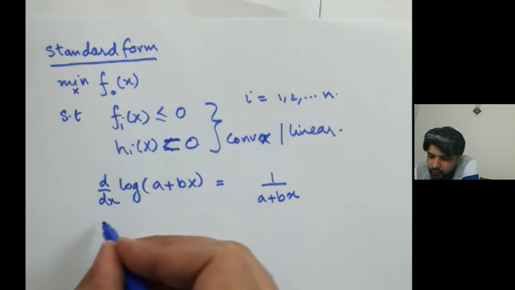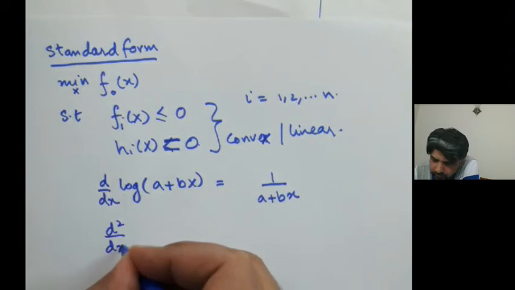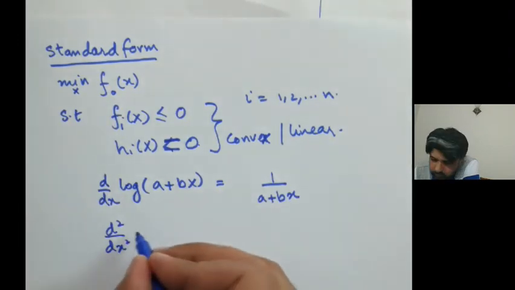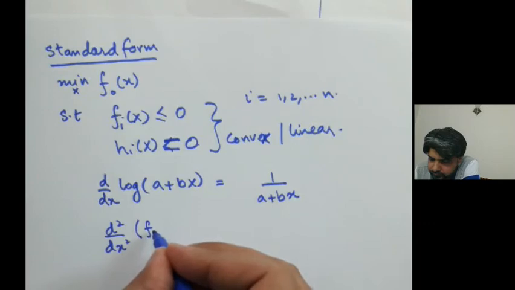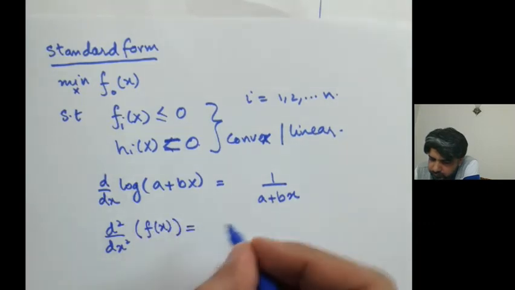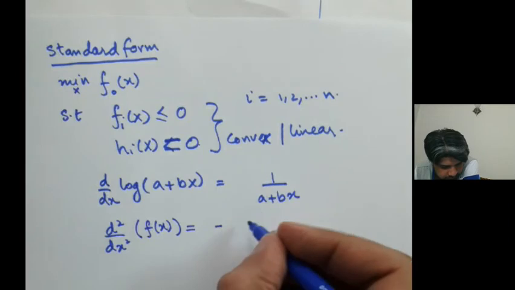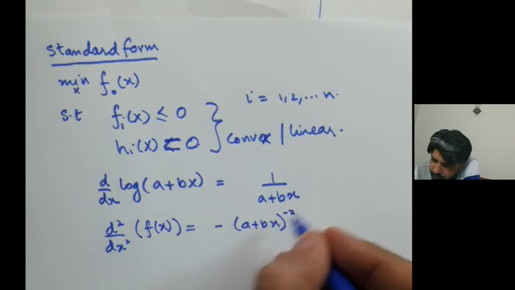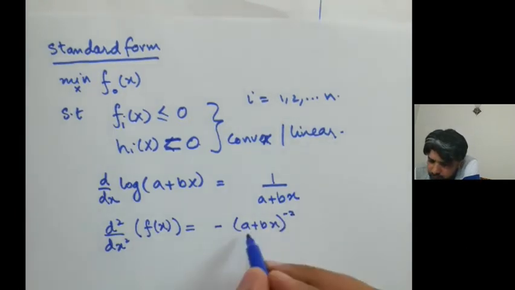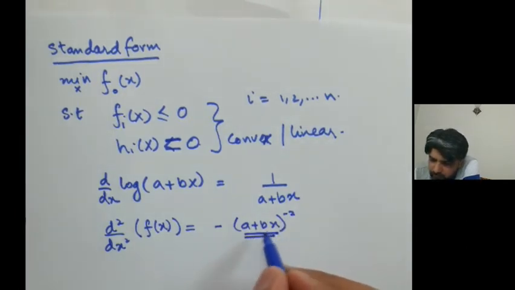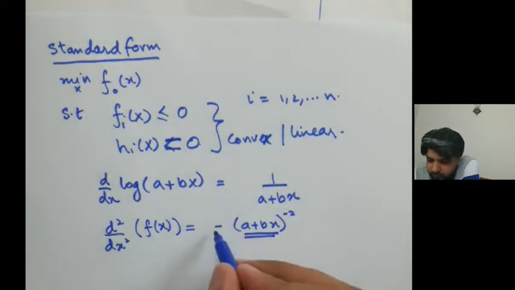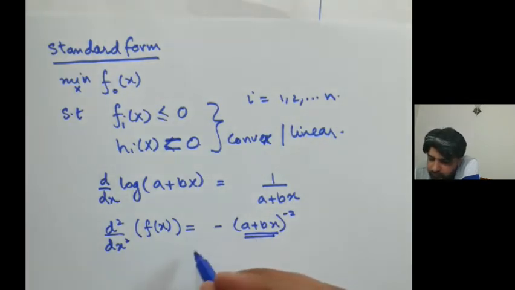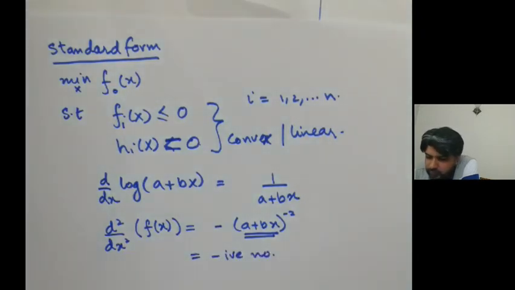And then if you take the second derivative of this function, that would be equal to minus b squared times a plus bx whole to the power minus 2. You can see that this is a positive number. 1 over a positive number squared would still be a positive number. Hence, what you get is a negative number. So this is a negative number, and hence you can see that this is a concave function.